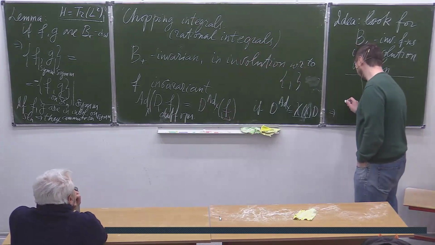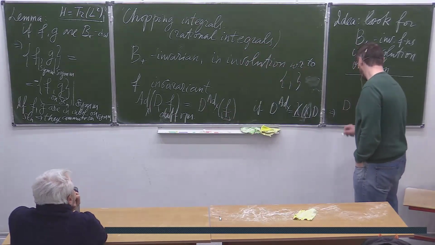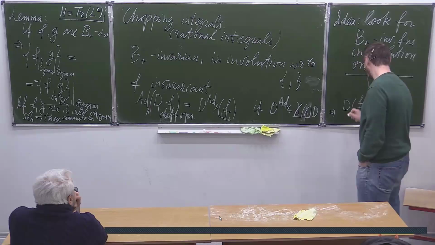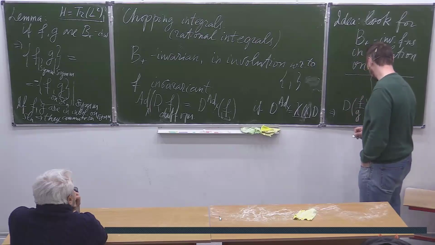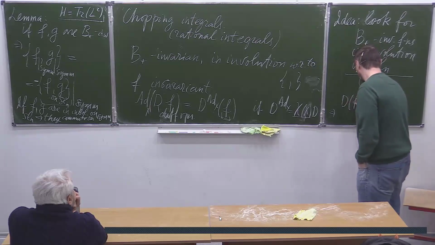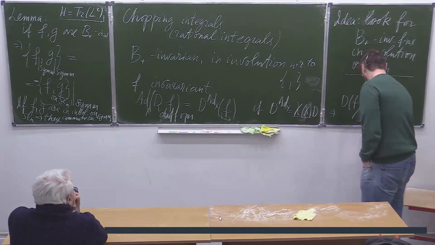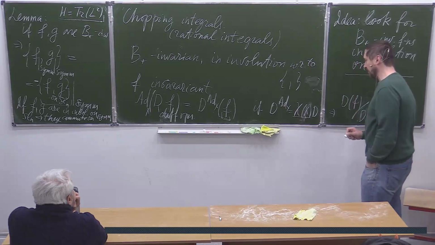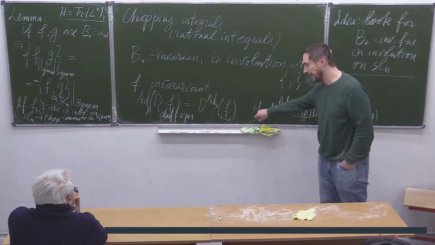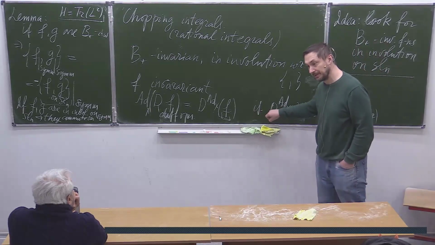Hence, we see that D of F divided by D of G, where F and G are two invariant functions, will be B plus invariant.